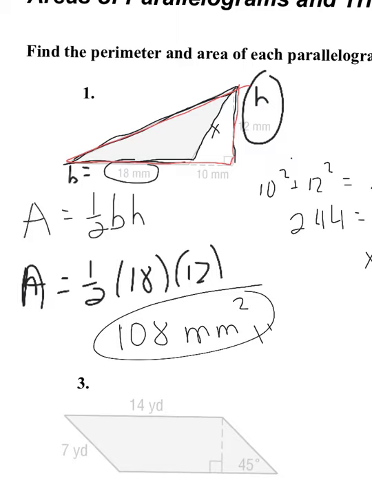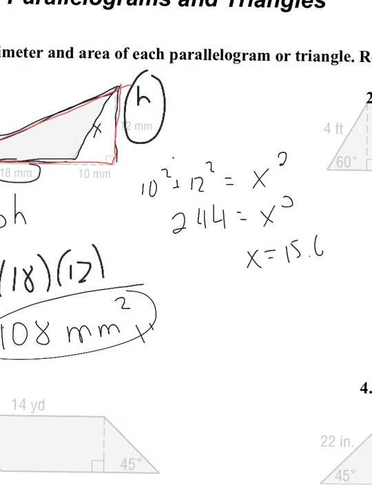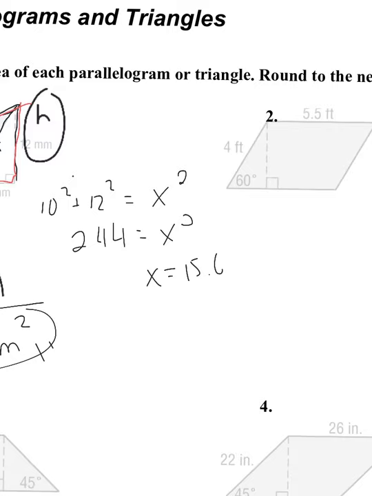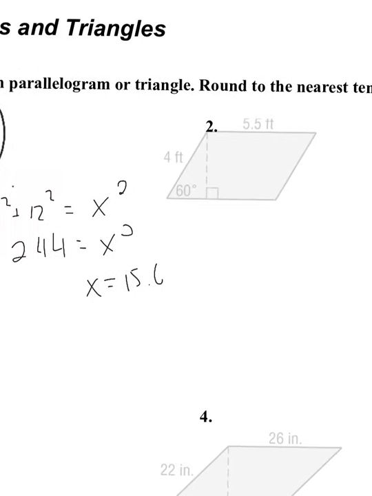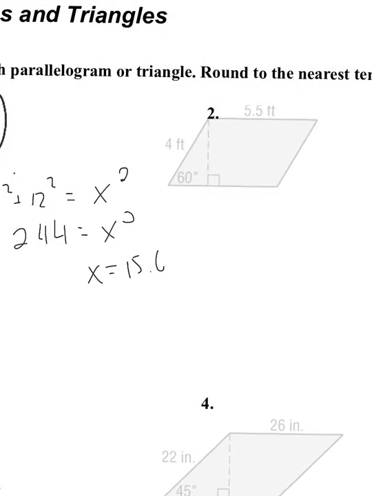The height of the red triangle would be 12. So let me redraw this. So if you redraw this, you get the base is 28 and the height is 12.